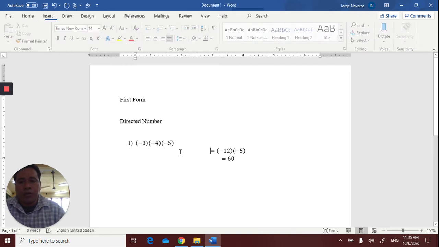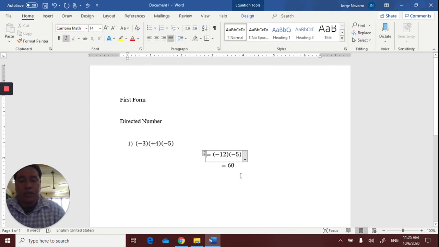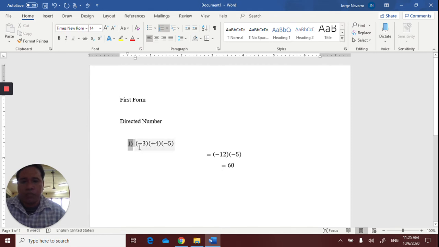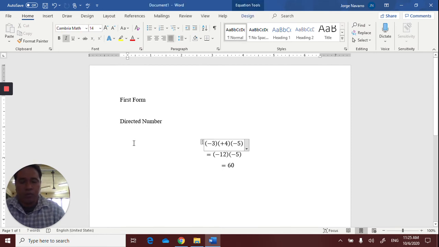Now, because we're dealing with math, we need to ensure that we have these one under the other. When you write these out, they all go one on top of the other, and of course the equal sign should go under the equal sign there.